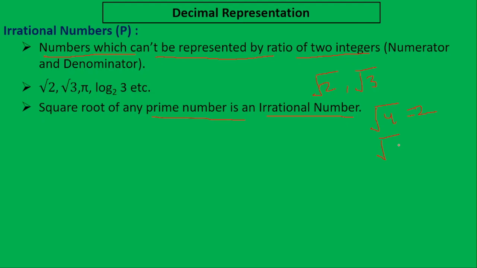Root 4 is a rational number, but root 6 is not a rational number. Root 6 is irrational.